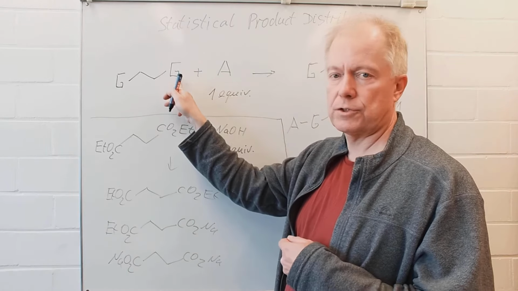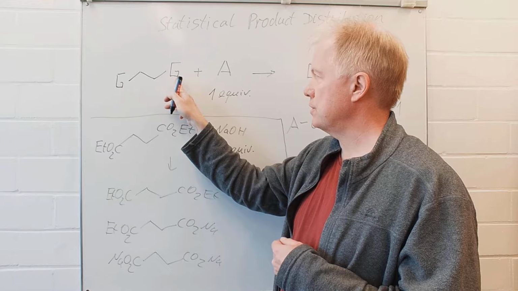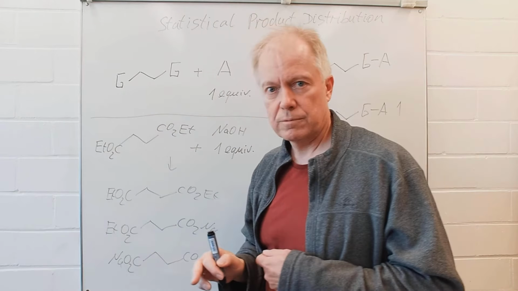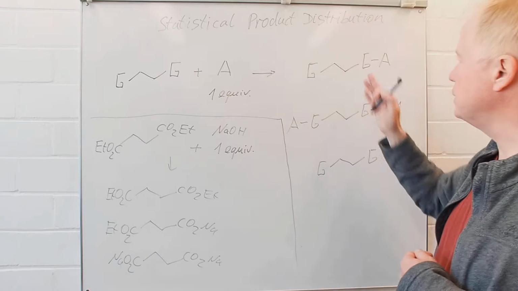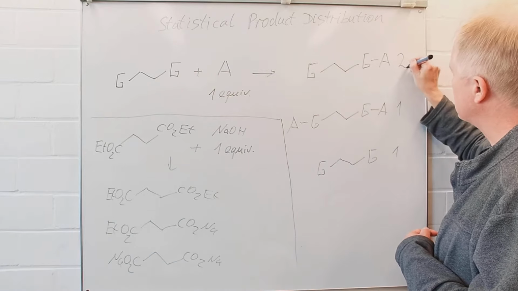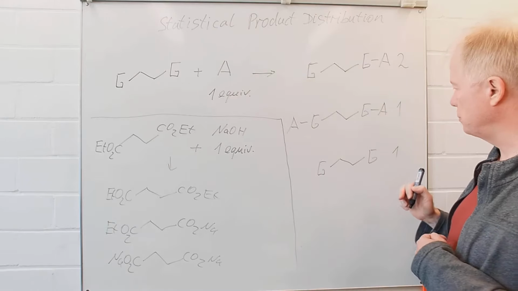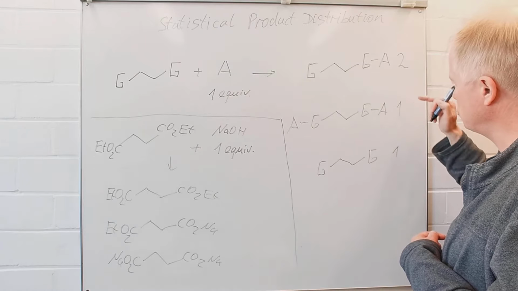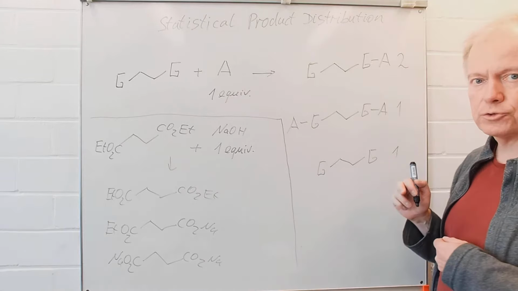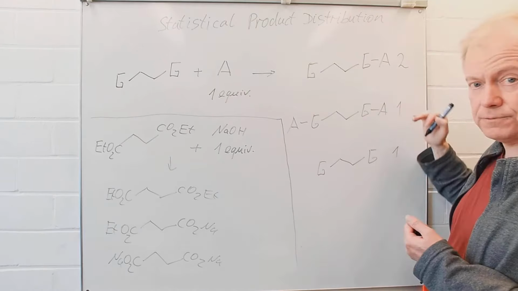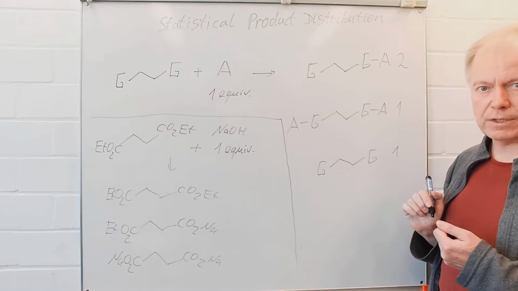Either this group G has reacted, or the other one. Both lead to the same product. Let's write down a 2. The product distribution is 2 to 1 to 1, or translated in 50%, 25%, and 25%.